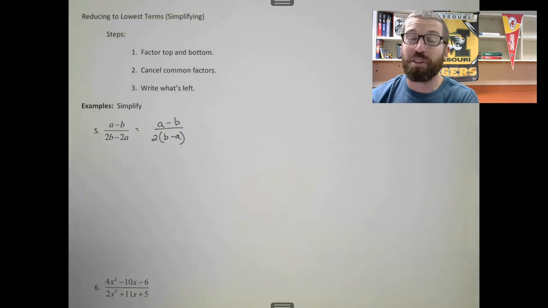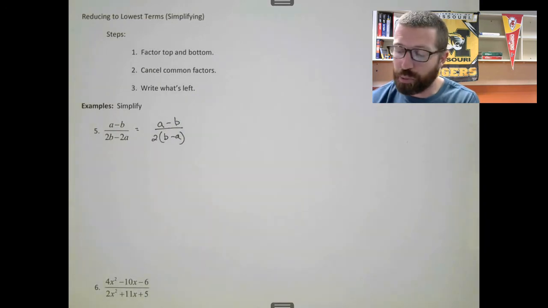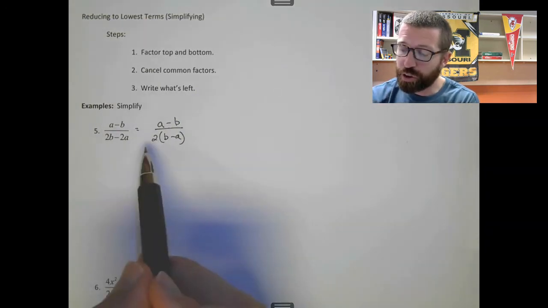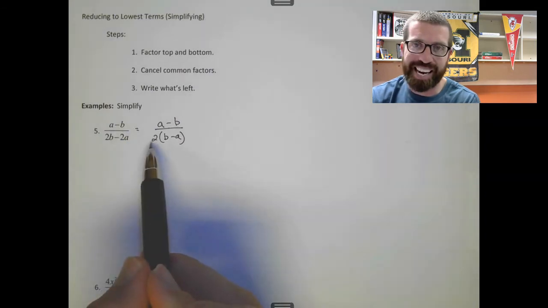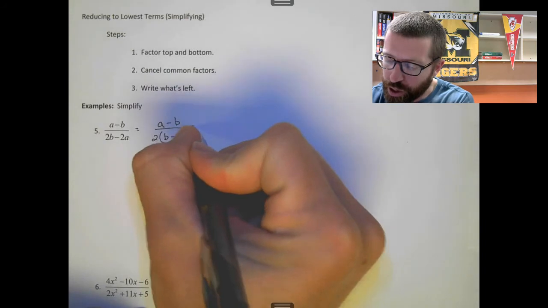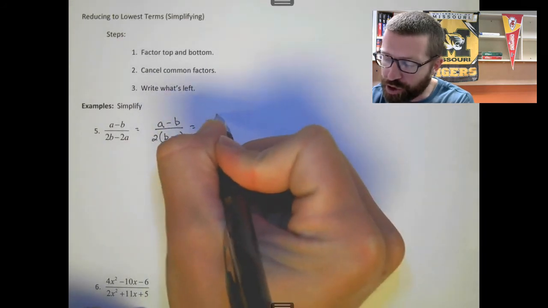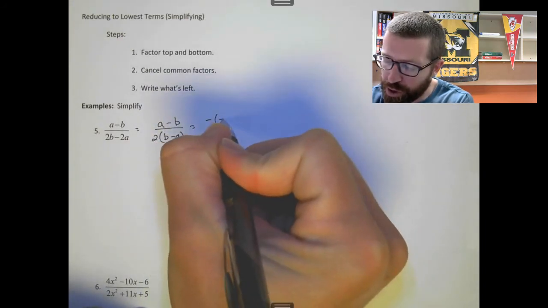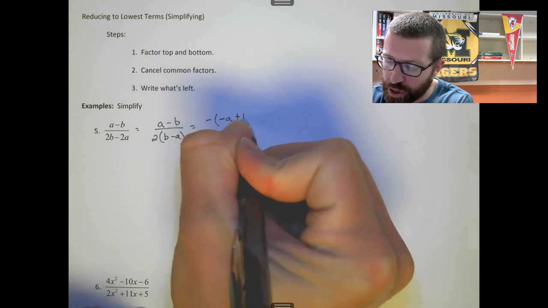To make them the same, you need to factor out a negative 1 from somewhere. If you saw it right away, you could have taken out a negative 2, or you can take out a negative 1 from anywhere. I'm going to take a negative 1 out from the top. So that makes this negative a plus b.